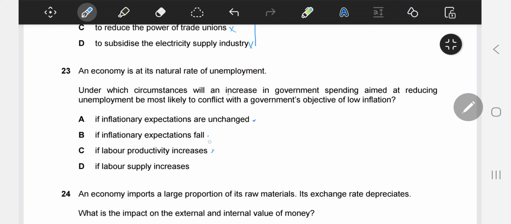So these ones are going to offset it. So remember, unemployment, this is the one that is most likely to create a conflict. So these ones are not going to create any conflict, and this one is also not going to create any conflict. So for 23, the correct answer is A.